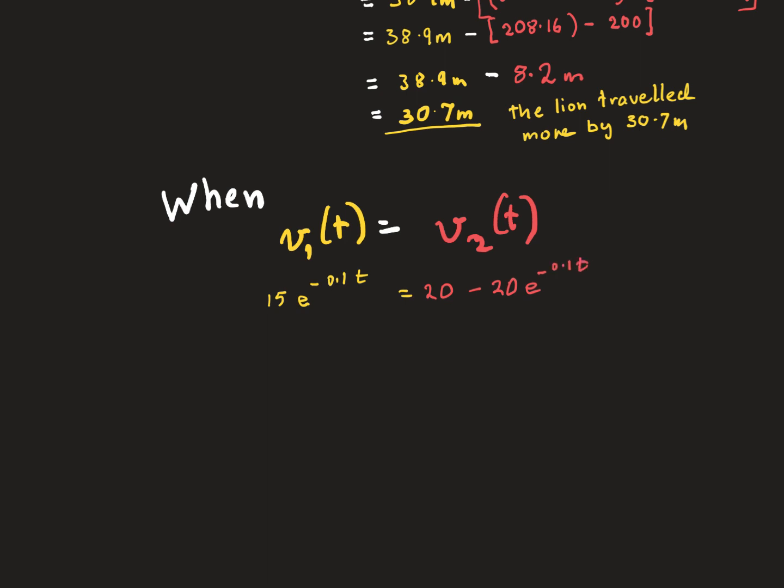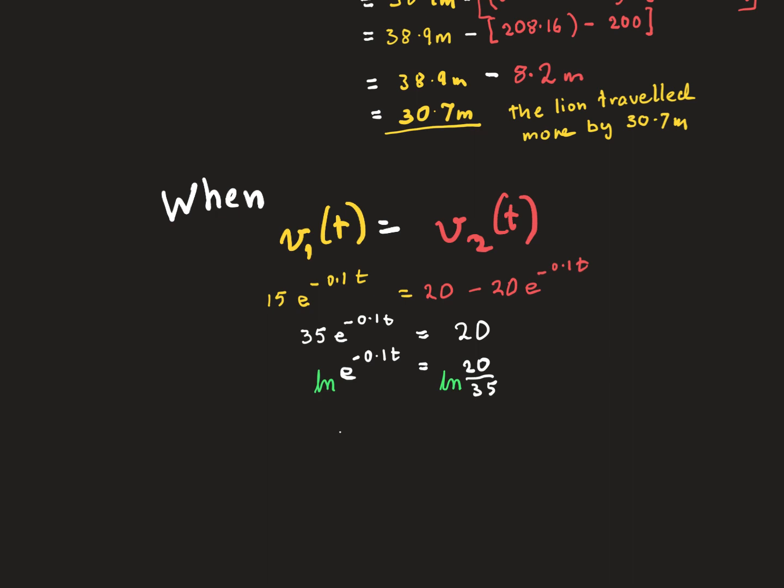Now we can just solve it. 35 e to the minus 0.1 t is equal to 20. That means e to the minus 0.1 t is equal to 20 divided by 35. So we need to find out what t is. So what we'll do is we'll ln this part and we'll ln this part, and ln e now disappears.